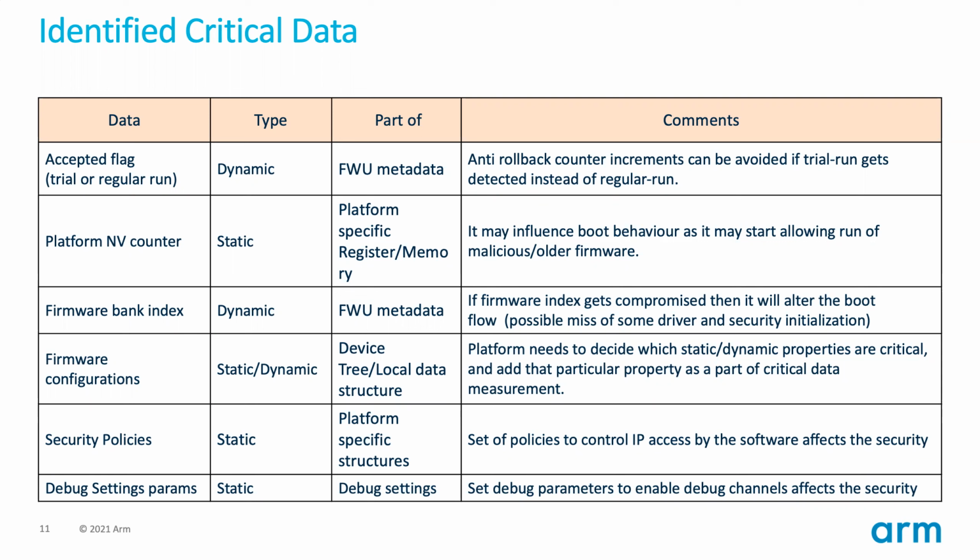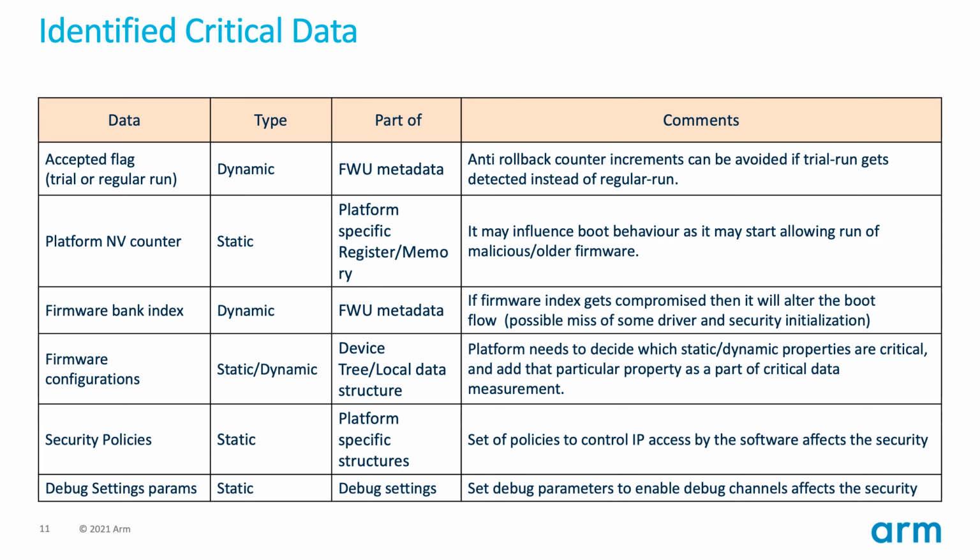For security policies, I have seen that sometimes registers and values are present, so people can make an image out of it, and that image can be measured as a part of image measurement itself and not here. But if somebody wants to measure only a few registers explicitly, they can still do it as a part of critical data measurement.